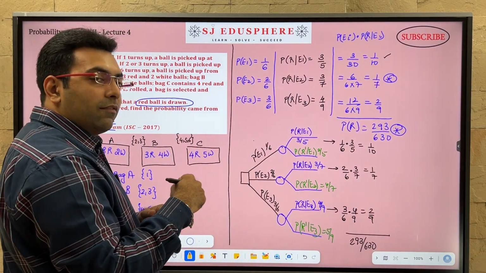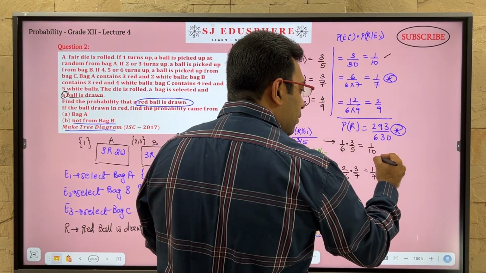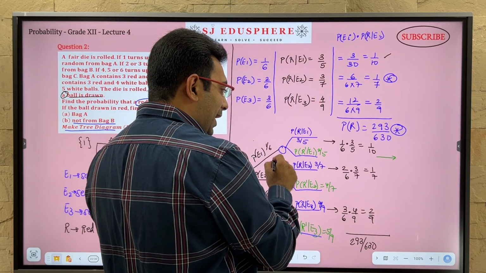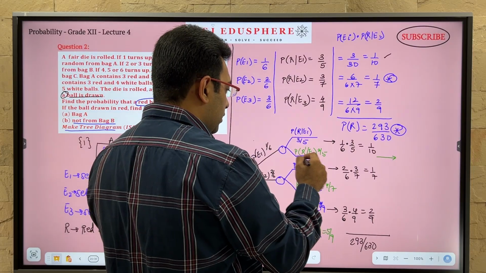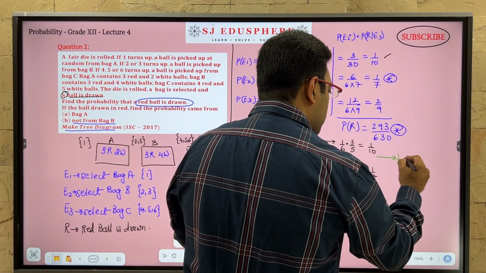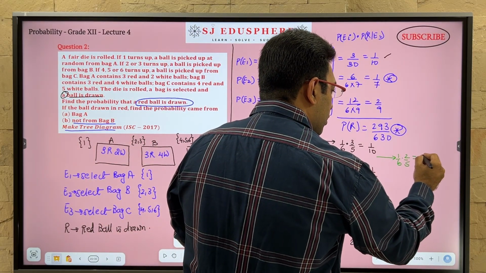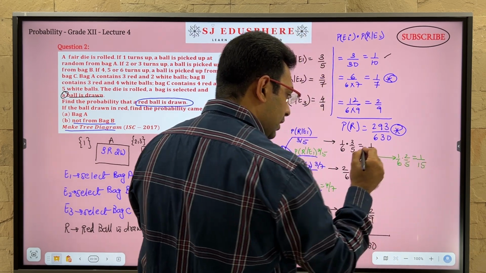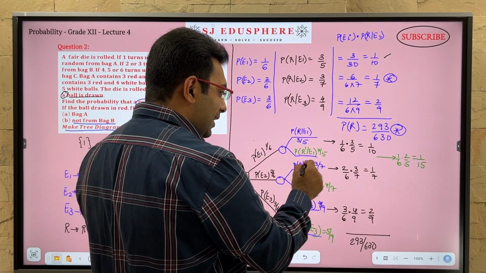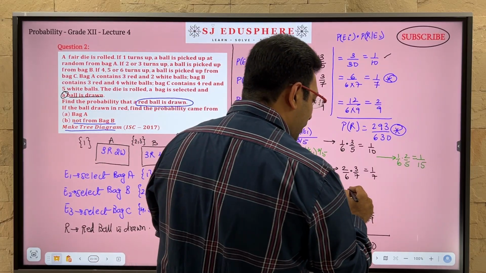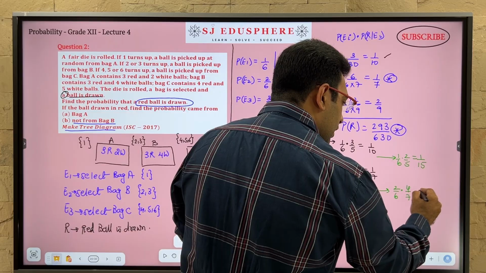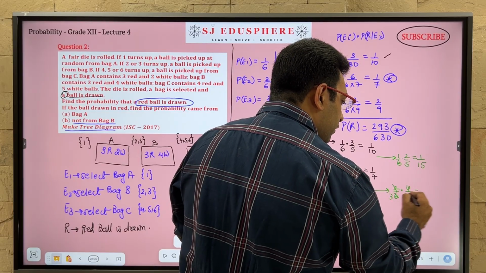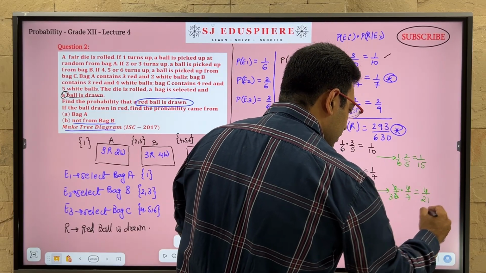So if I would have gone to multiply that again over here, 1 by 6 into 2 by 5 will give me over here 1 by 15. Next, 2 by 6 into 4 by 7. That will give me over here 4 by 21.